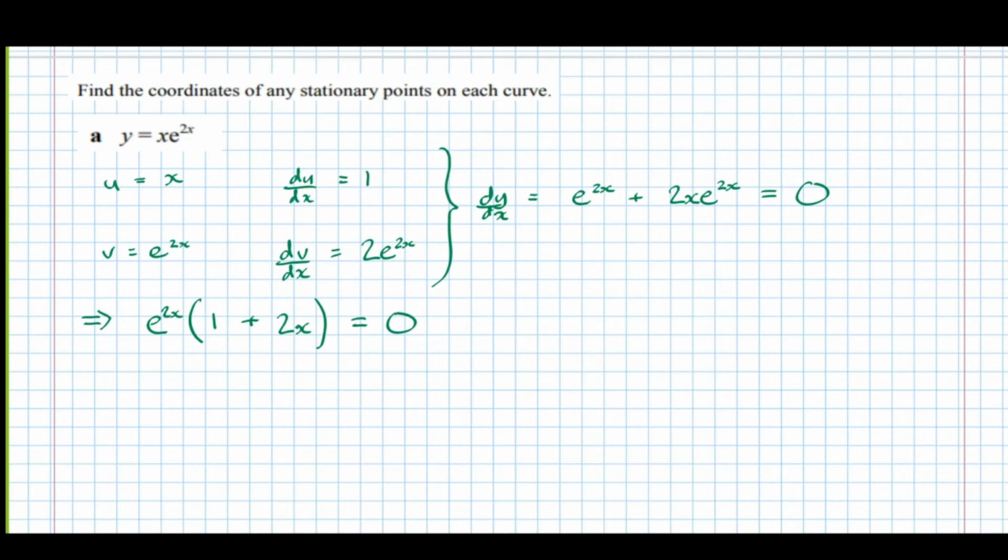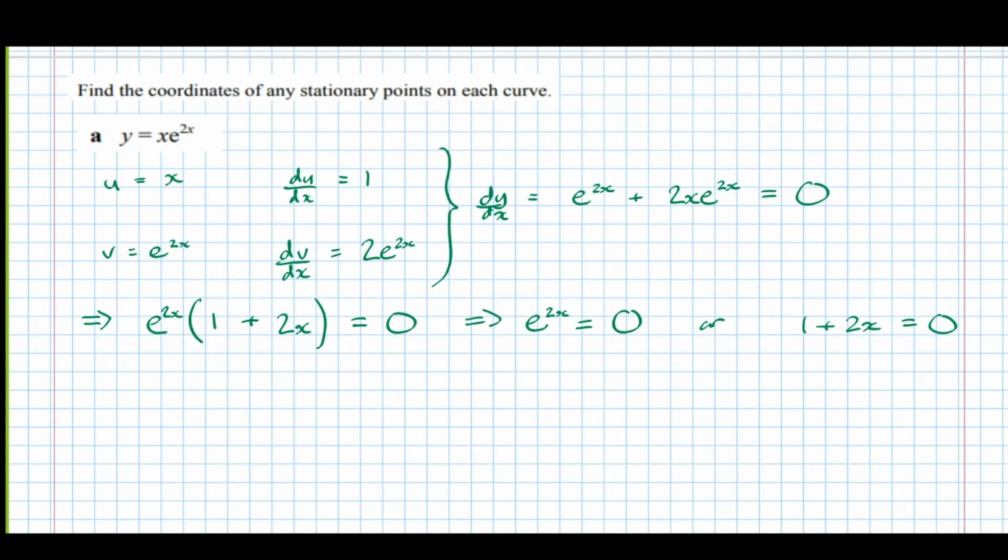And we can deduce two things from that. We've got the product of two things equaling 0. Either the first thing equals 0, or the second thing equals 0. Now, from your knowledge of exponentials, you should know that this isn't a solution. e to the 2x can never equal 0.